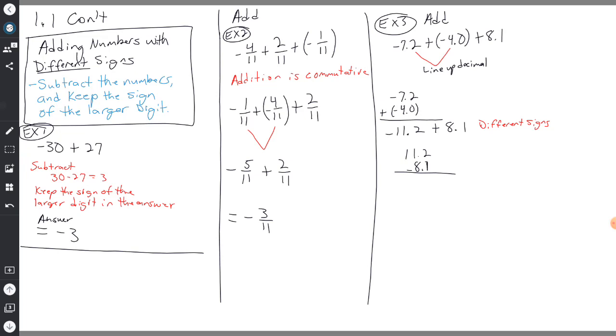We do that first. And here we get 1, but in this next column, what do we have to do with this here? If we're subtracting, we have to borrow.